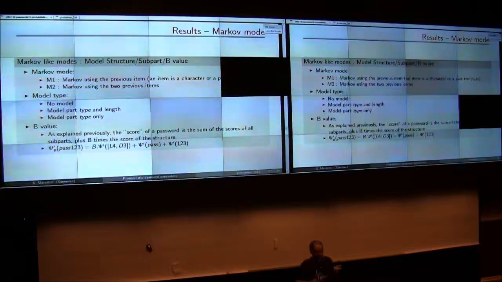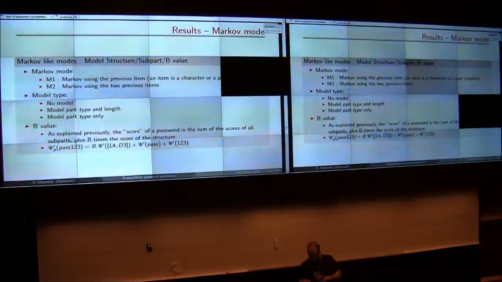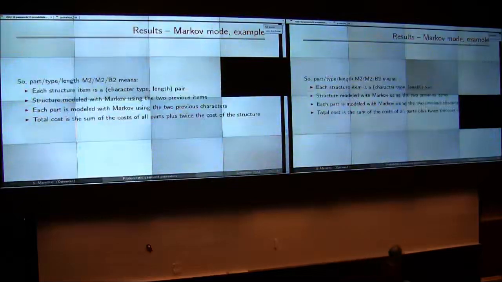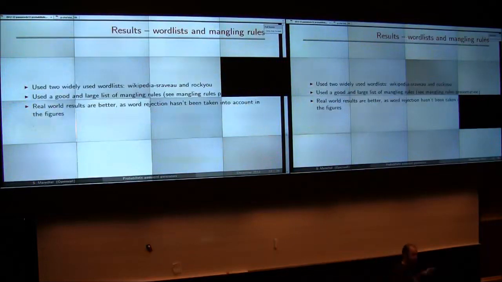In that case, it will be a Markov mode just like John the Ripper, without taking into account password structure and just characters. There will also be the model with type and length, and the model with just type. And the p-value, as explained, will vary from 1 to 6.